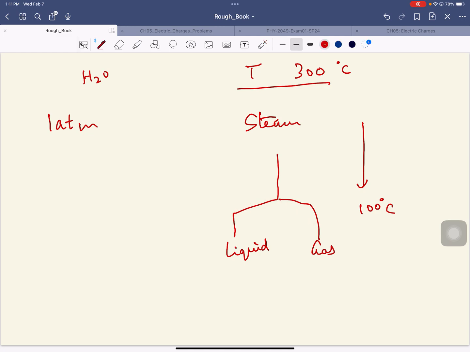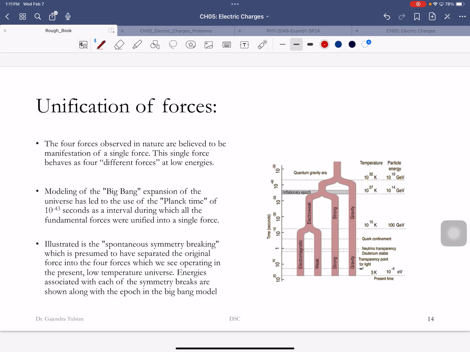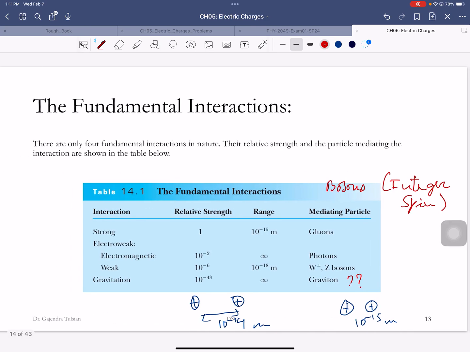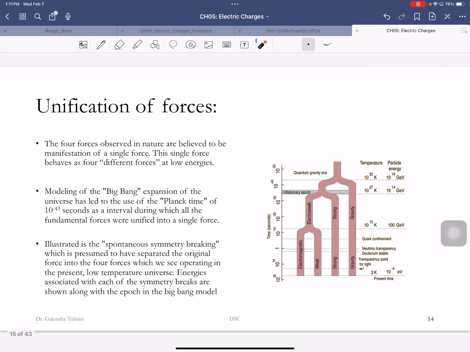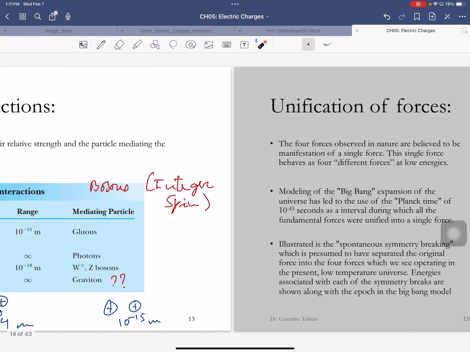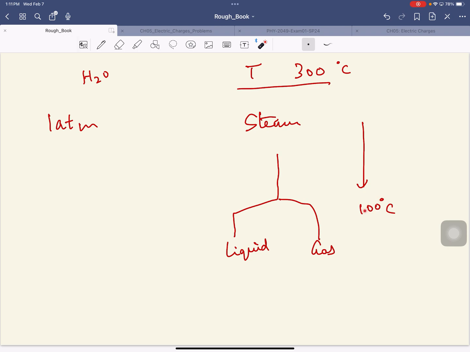Similarly, these 4 forces at very high energies were supposedly a single force. Just like this, only at low energies do we see them as 4 different forces.